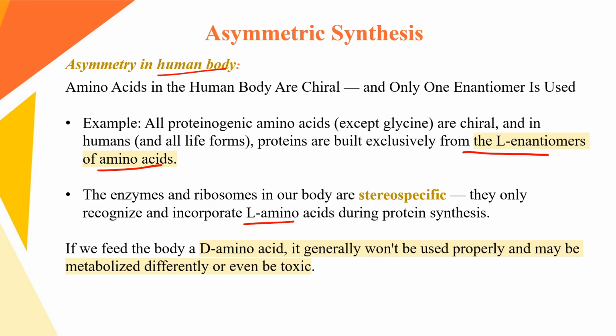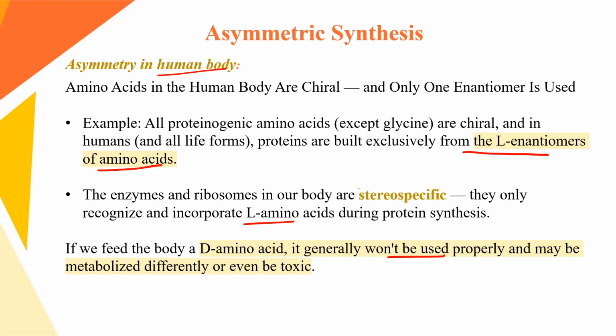So if we feed the body D amino acid, our body's enzymes and ribosomes do not detect it at all. So it generally won't be used properly, or may be metabolized differently, or even be toxic in nature, because our body is designed to incorporate L amino acids.